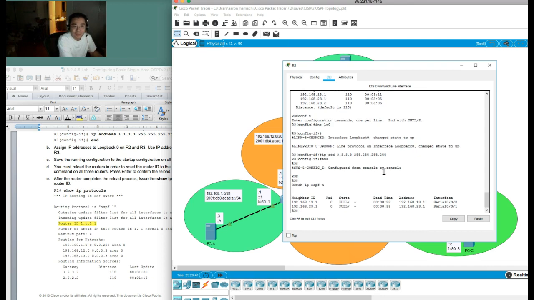And instead of reloading, you should be able to reset the OSPF process.